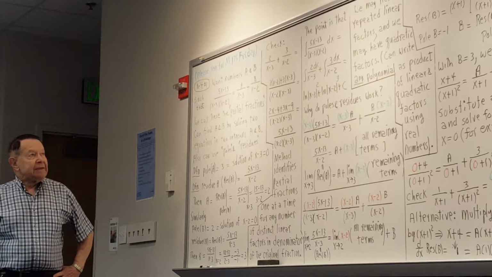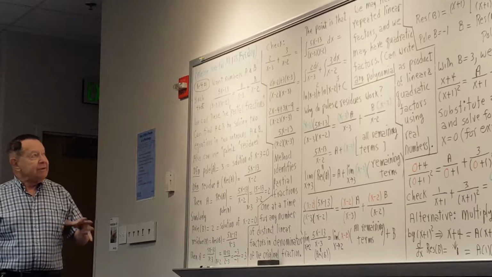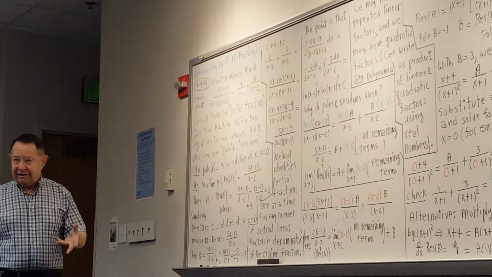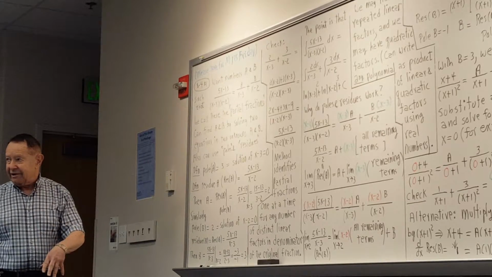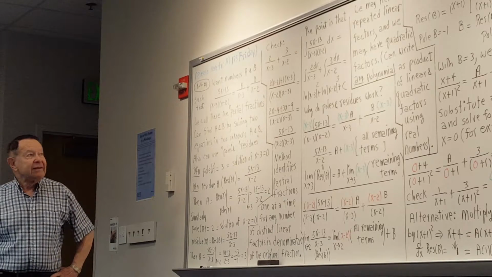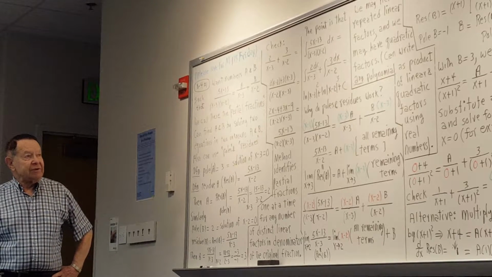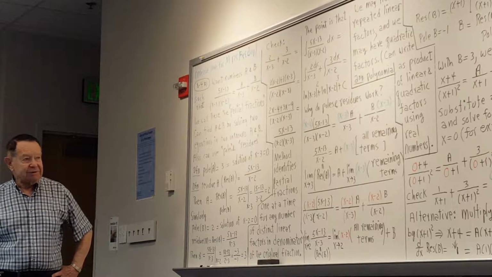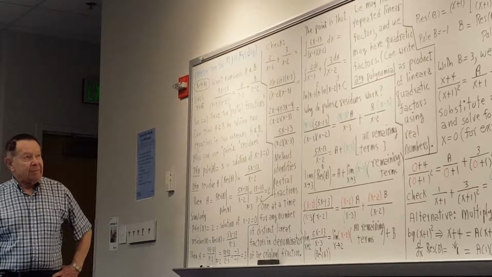So everything that you would have to deal with is either linear, repeated, quadratic, conceivably quadratic factors repeated. And so you can attack any of the situations with poles and residues.